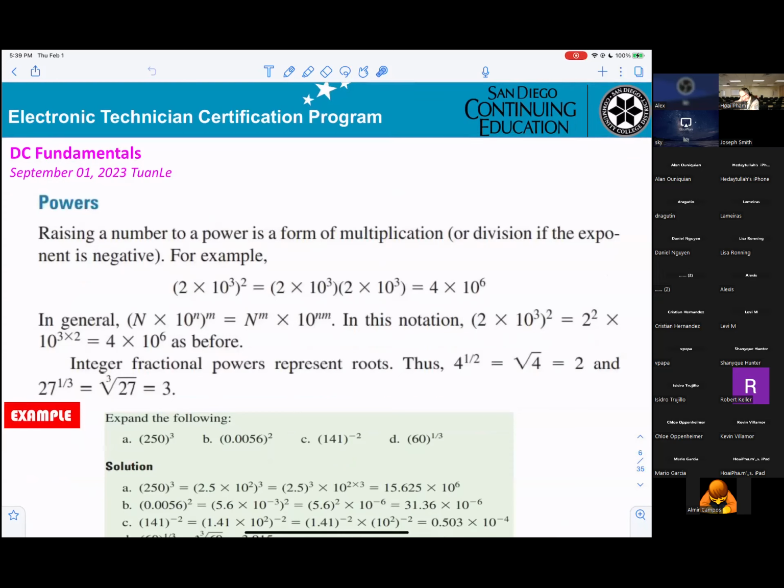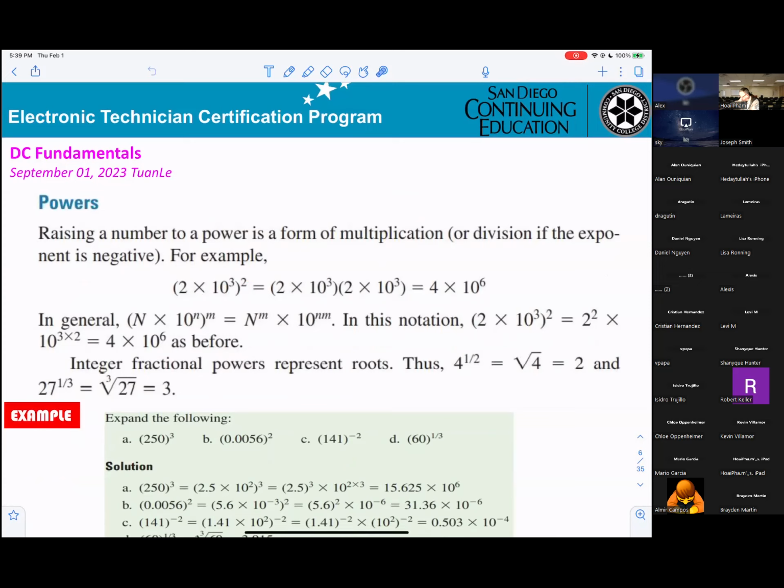Power, raising a number to a power. Here, from multiplication or division. For example, 2 times 10 power 3, take the square.